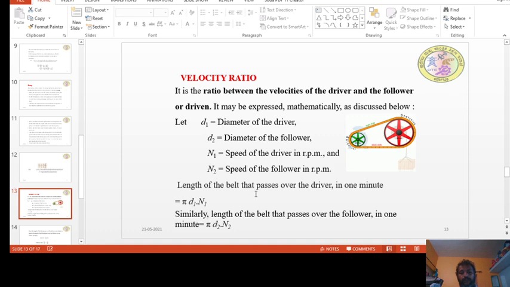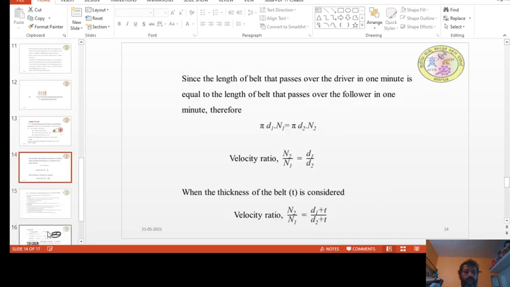Let the length of belt that passes over the driver in 1 minute be pi D1 N1. Similarly, the length of the belt that passes over the follower is pi D2 N2. This is the circumference.